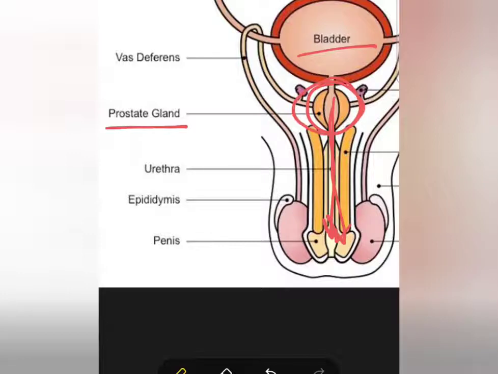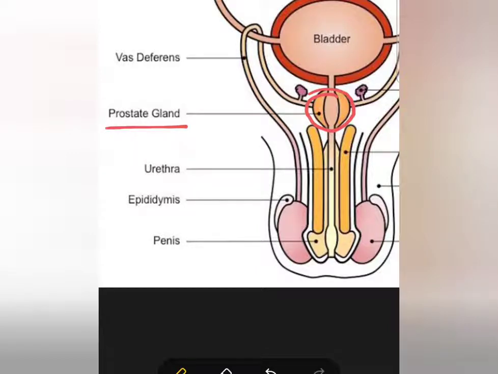Now what is the function of this gland? It is more or less similar to that of the seminal vesicle. The secretion of this gland makes the urethra slippery for easier discharge of sperm. So what happens? Basically this prostate gland, this outermost covering dark yellow part, is the prostate gland, and it secretes some fluid.